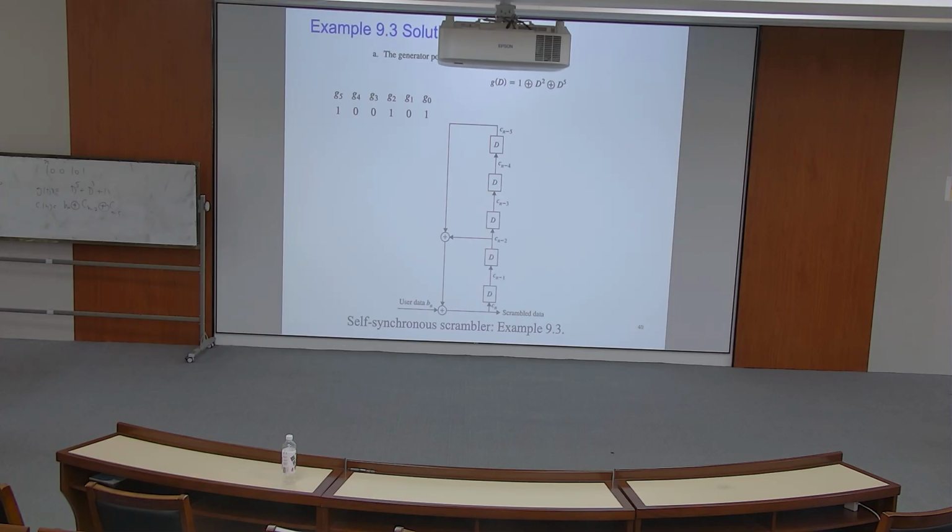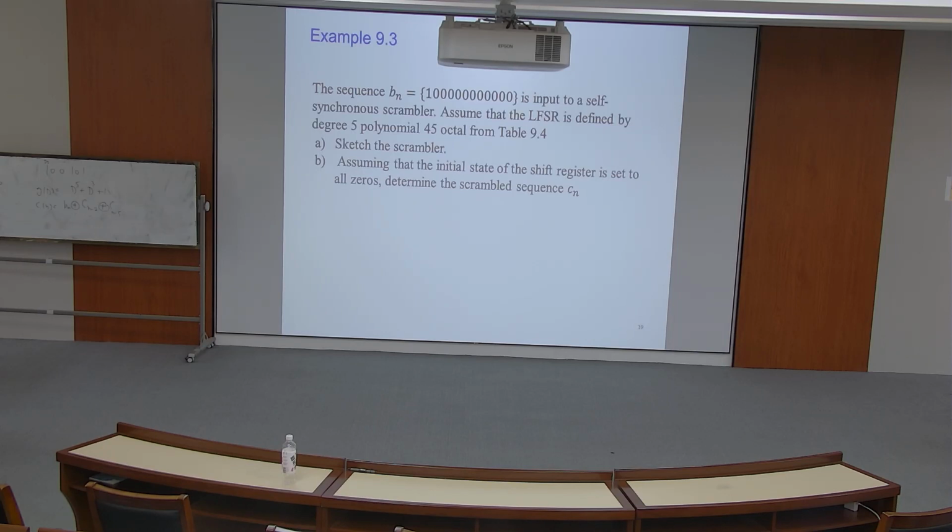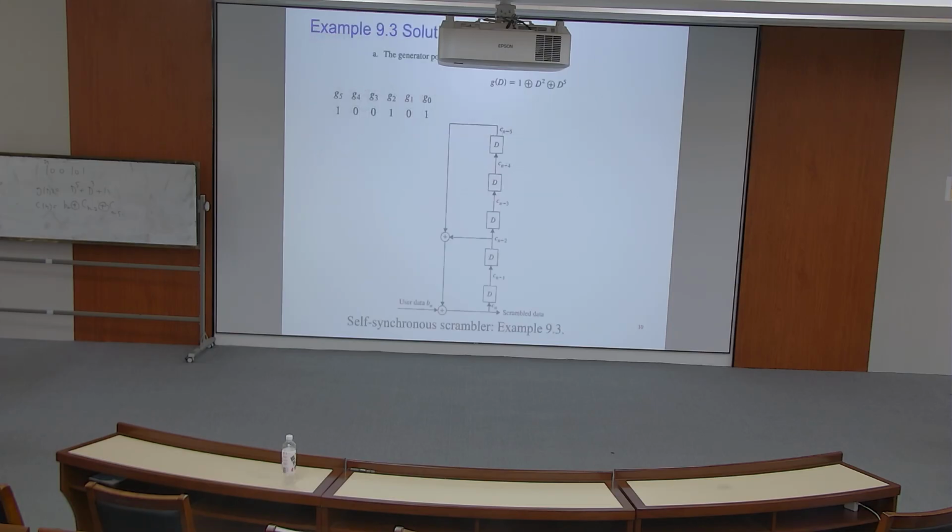Now assuming that the initial state of the system is set to all zeros, that means C minus 1, C minus 2, C minus 3, C minus 4, C minus 5 are all zeros.